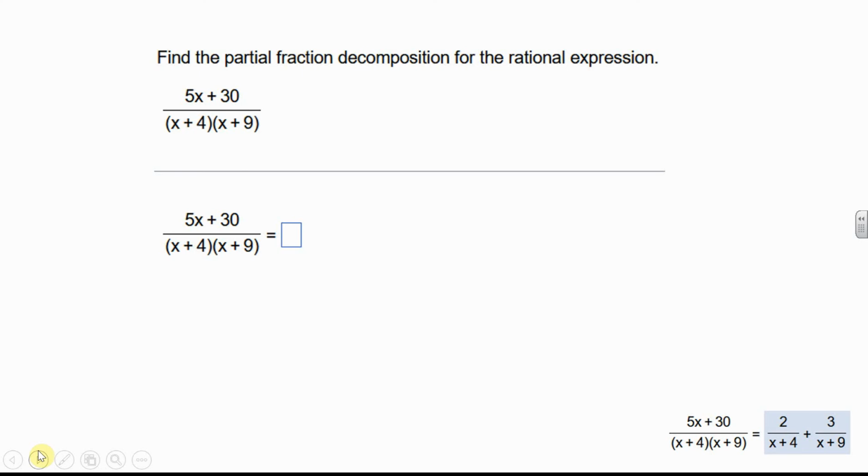If they're different, we call those distinct roots. Notice that x plus 4 and x plus 9 are different, right? So I'm going to write this as, if they're different factors, A over x plus 4 plus B over the other guy, x plus 9.